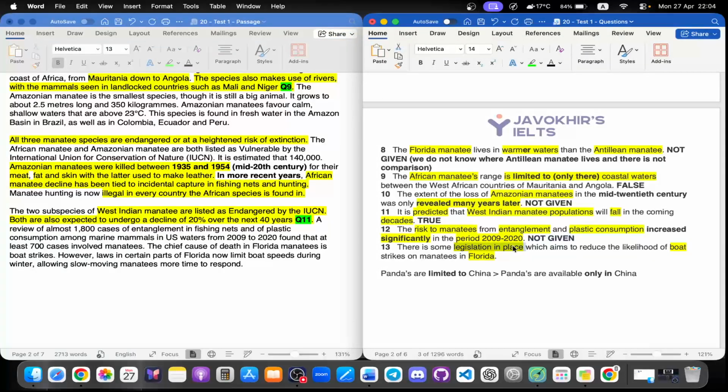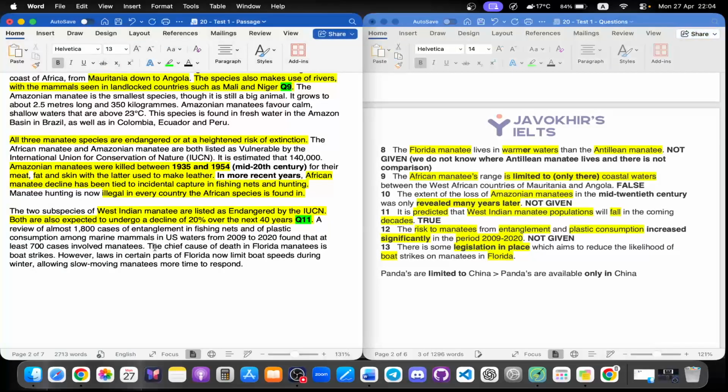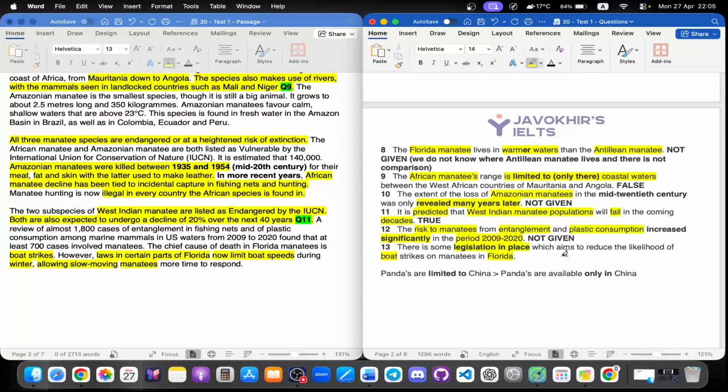There's some legislation in place. That means law. The chief cause of death in Florida manatees is boat strikes. However, laws in certain parts now limit boat speeds during winter, allowing slow-moving manatees more time to respond. So it aims to reduce, yes.